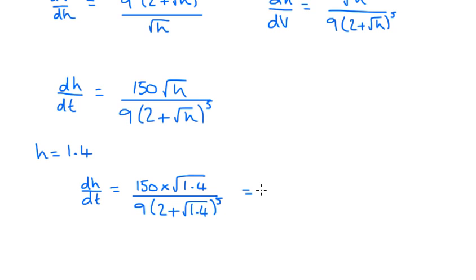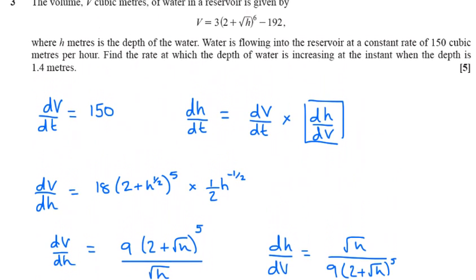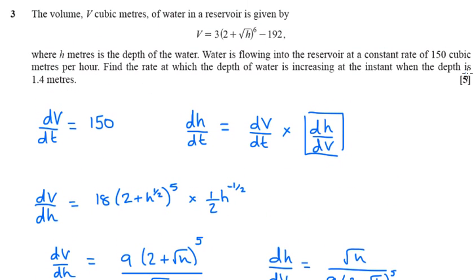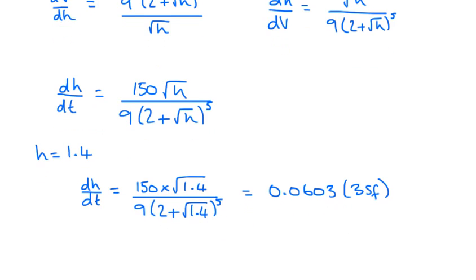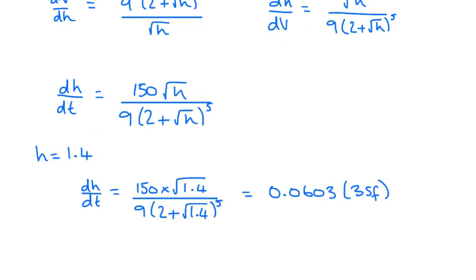And I've got a value of 0.0603 to 3 significant figures. It doesn't ask how many significant figures to leave the answer to, so I'm going to leave it to 3, which is the standard way to round your values.